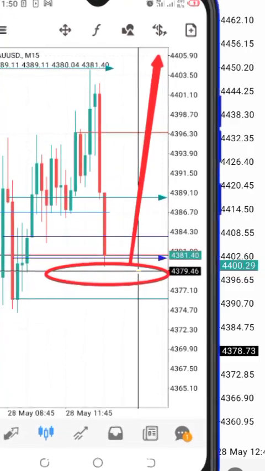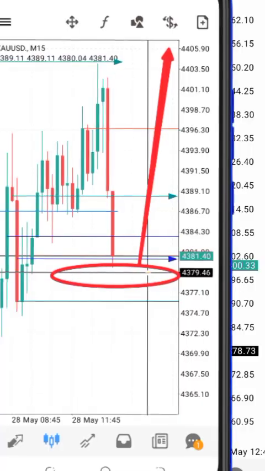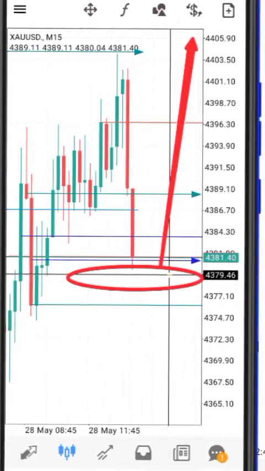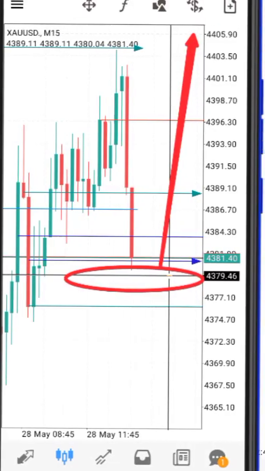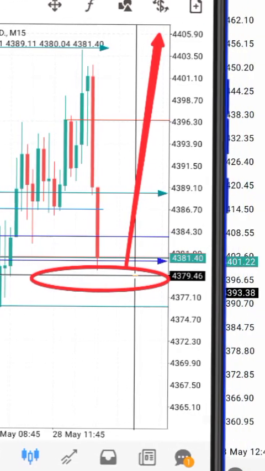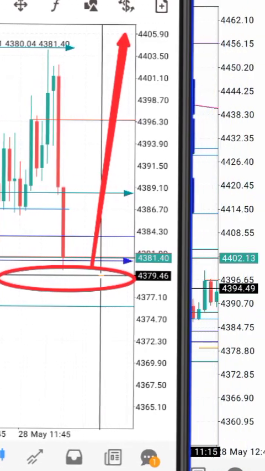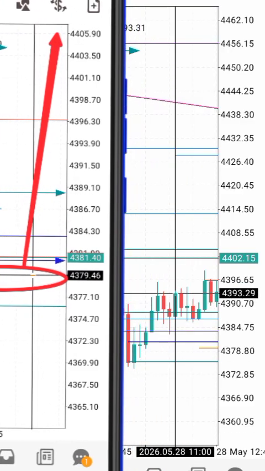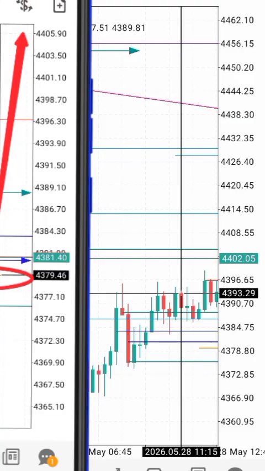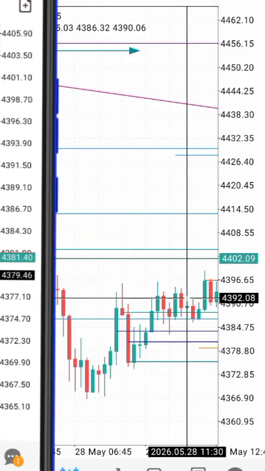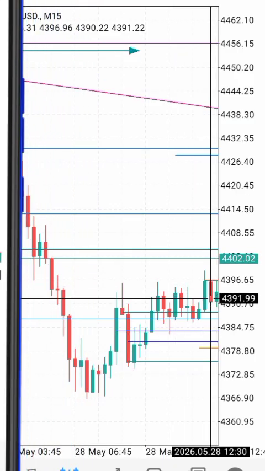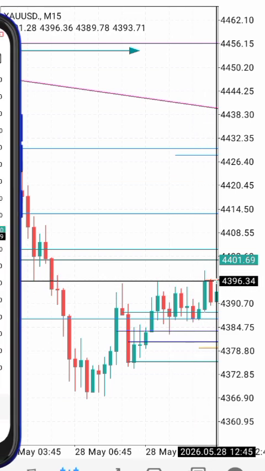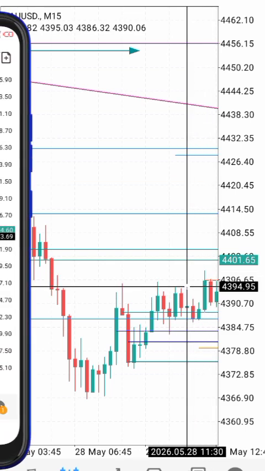We saw the price come to 4378 and form an impulse, which was the first correction impulse of the day. Then we saw the formation of another minor correction impulse. This signaled trend continuation, because one minor correction impulse has formed, which means the market is not expected to continue in the correction direction, unless it's going to be an expansion or a trend reversal.